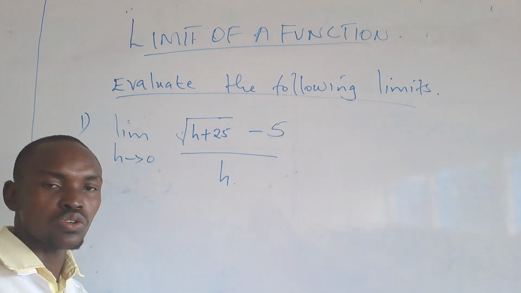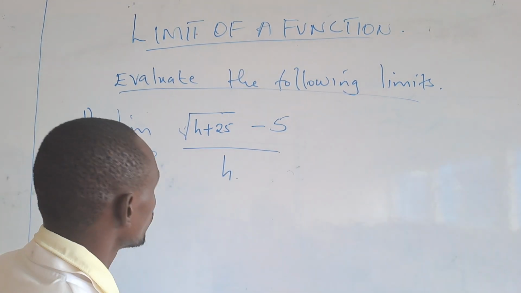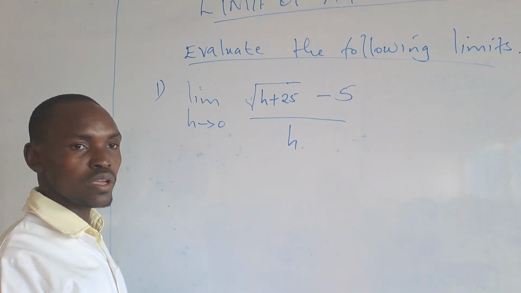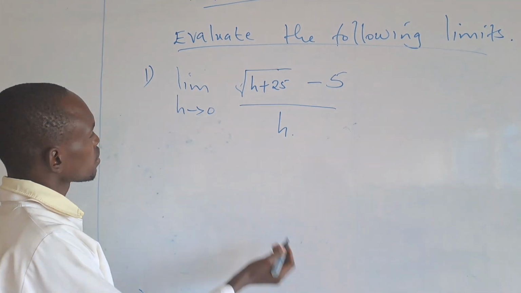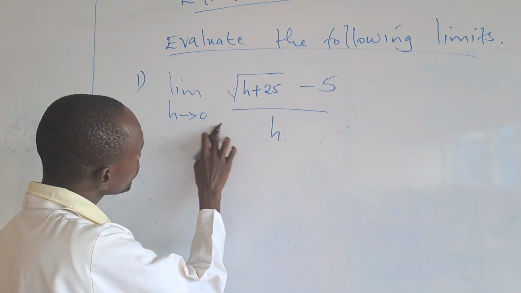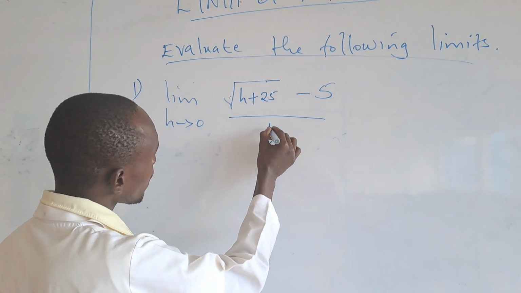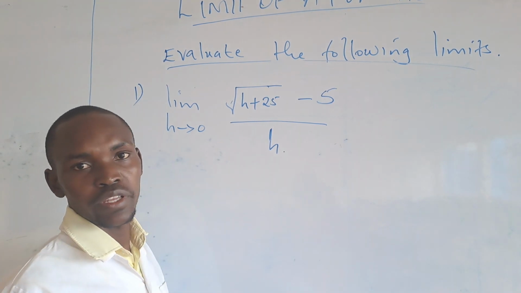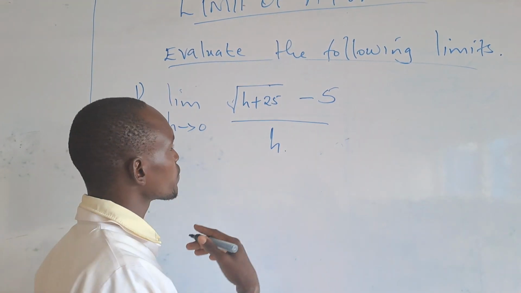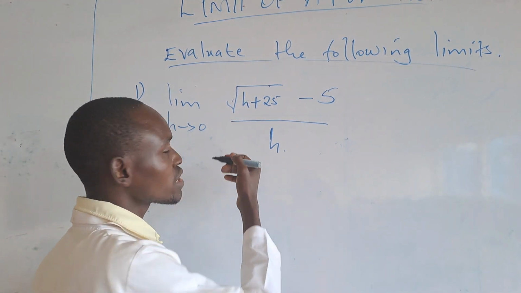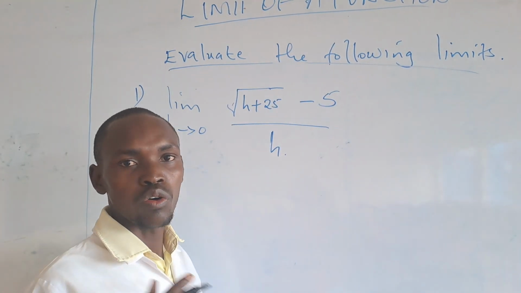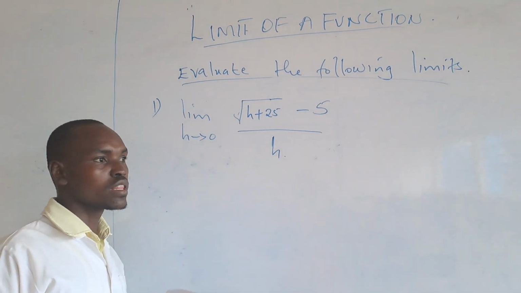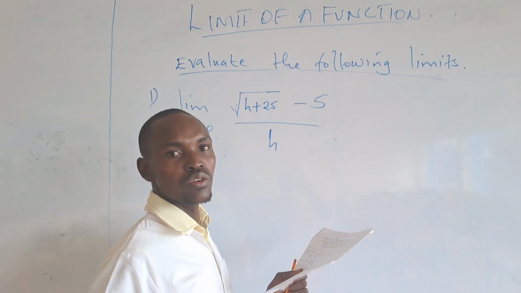So if you're given a question like this, what are you supposed to do? First, let's check. If we use direct substitution, are we able to evaluate the limit? Then you will realize that if you introduce 0 where h is, then all of this function will be undefined. Therefore, knowing that the function is undefined, we cannot use direct substitution to evaluate the limit, so we go to another method. And the other method that we can apply here is rationalization.